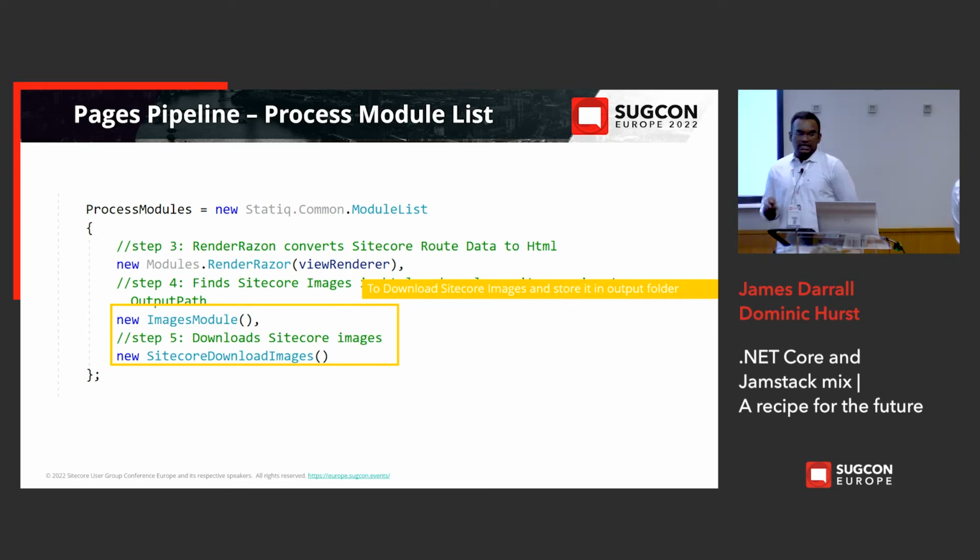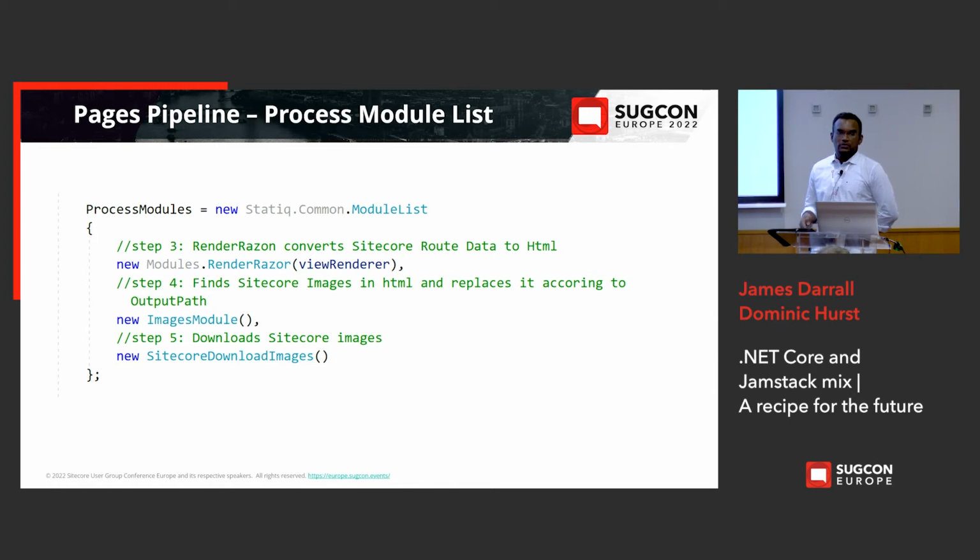Then the Sitecore download images module gets triggered. It makes sure that it downloads the different images. The images can either be from the media library, or from any external website. It downloads the images and moves them to the output folder.